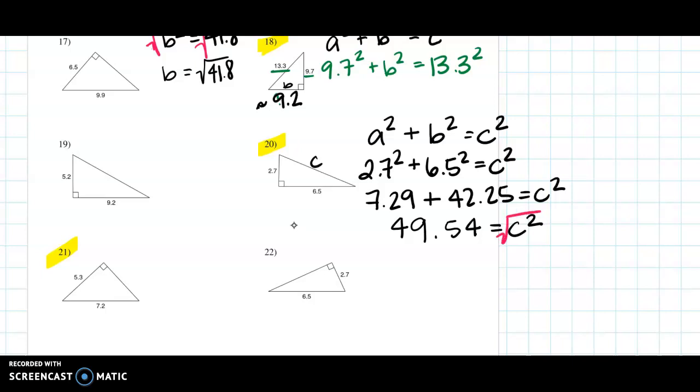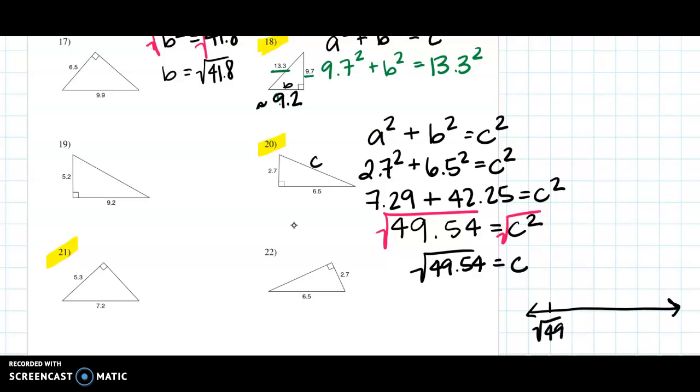We undo our square by taking the square root of both sides. So the square root of 49.54 is equal to C. Notice that 49.54 is a little bit bigger than 49.